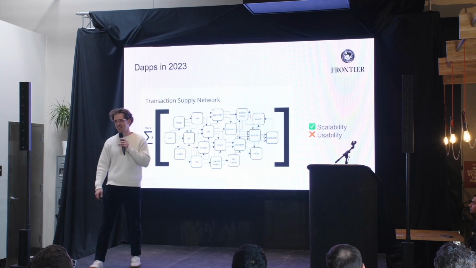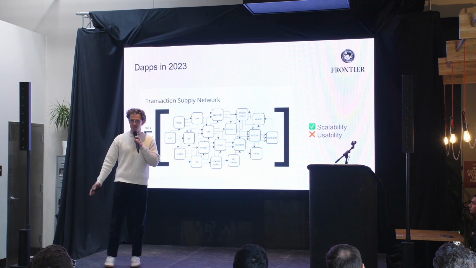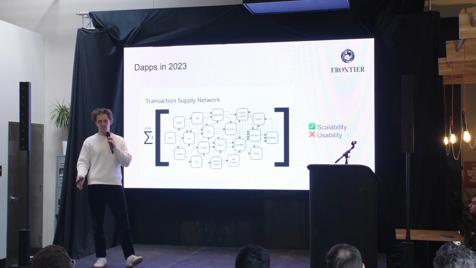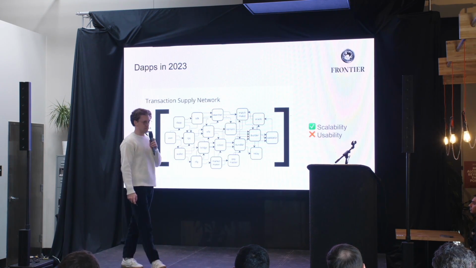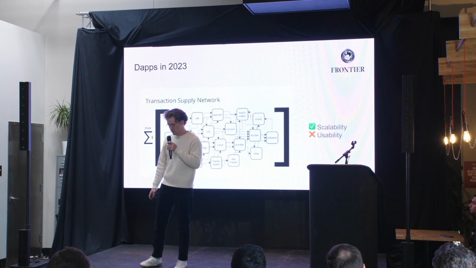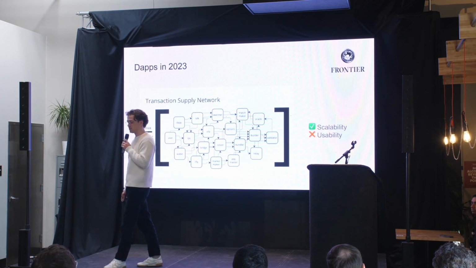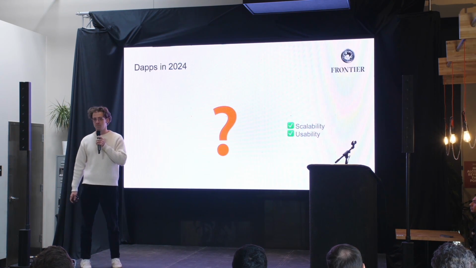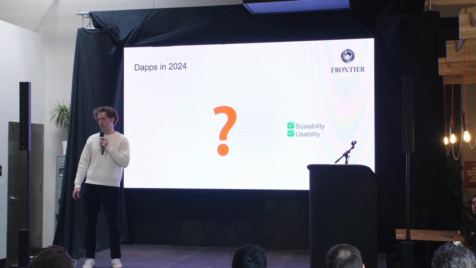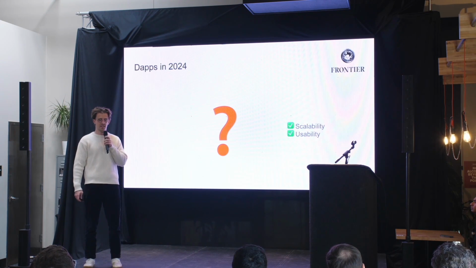Users have to manage balances across 10 different networks in order to get something done. So we've flipped from usability to scalability. My claim is that with chain abstraction, we can build new types of apps that actually achieve both on top of Ethereum. And that will happen this year.